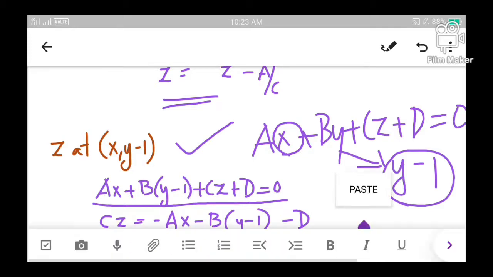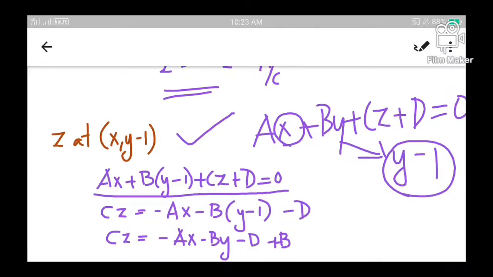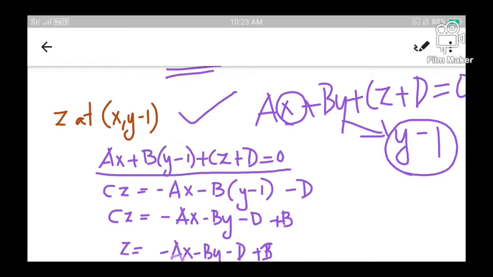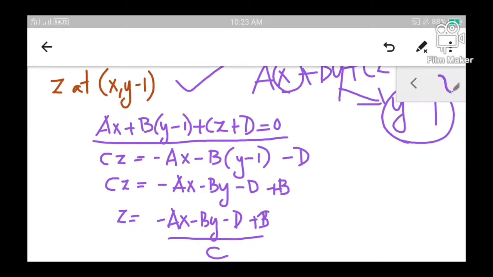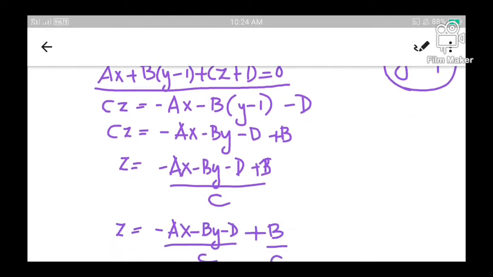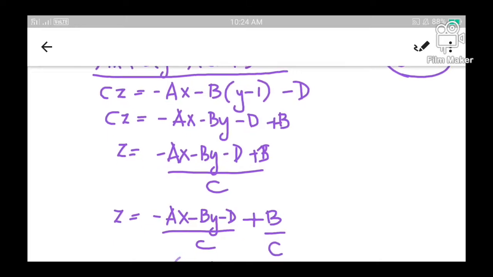Now we are going to compute the z value. Z can be written as minus ax minus by minus d plus b, all by c. Again separating it into two terms, these terms can be taken together and this can be taken separately. We write it as minus ax minus by minus d by c plus b by c. So we got two terms, minus ax minus by minus d by c and plus b by c.